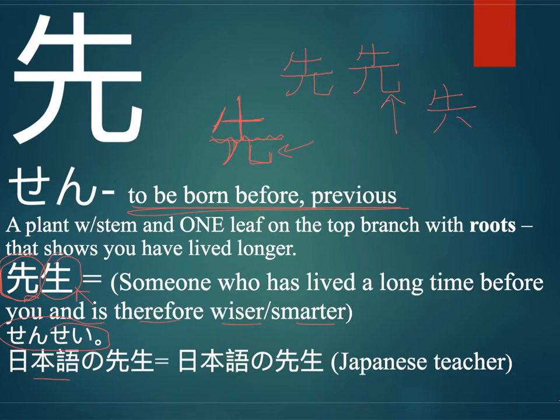And if we add this together with some other kanji that we've seen before, we have ni, hon, go, Japanese, no particle, right? Sensei, a Japanese teacher. Nihongo no sensei. Not sure how I got two sets of kanji there, but anyway.